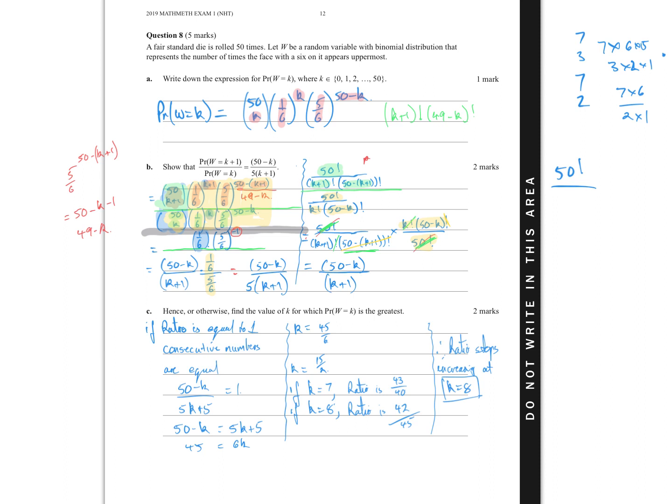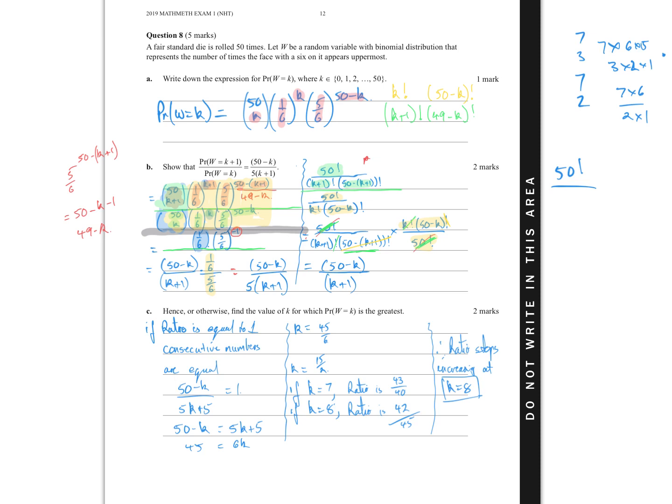Yeah. So that's on the bottom. On the top, I've got from the yellow section, k factorial over 50 minus k factorial.